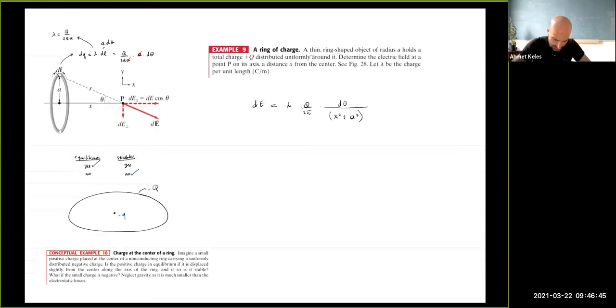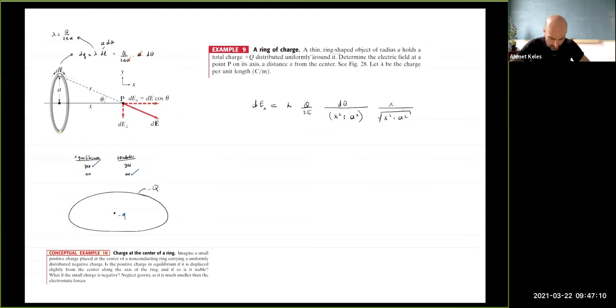So let me do that. Cosine, I can just read it from this figure. Cosine is what? x divided by the square root of x squared plus a squared. This is dEx, if you like.